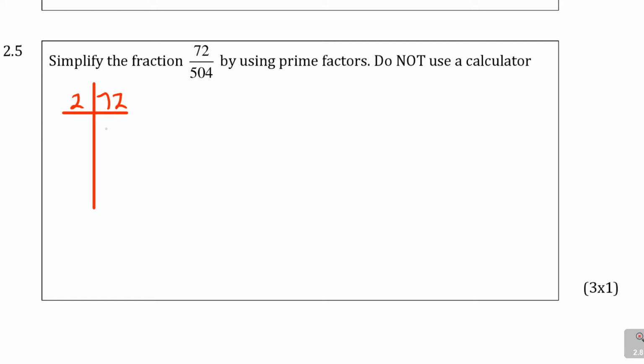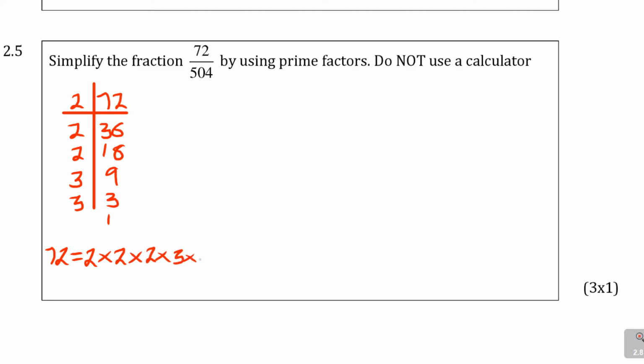2 into 72 is 36. 2 into 36, it's 18. 2 into 18, it's 9. 3 into 9 is 3. And 3 into 3 is 1. Now, therefore 72 will be equal to 2 times 2 times 2 times 3 times 3.